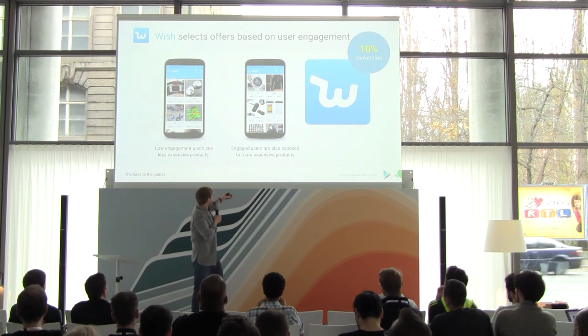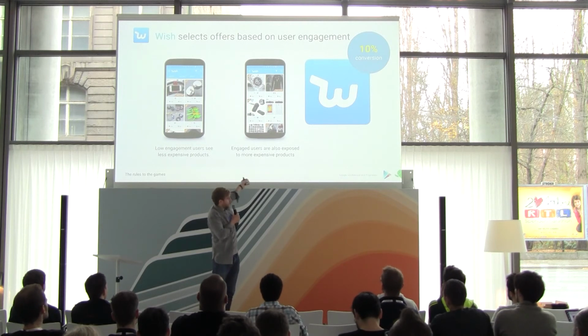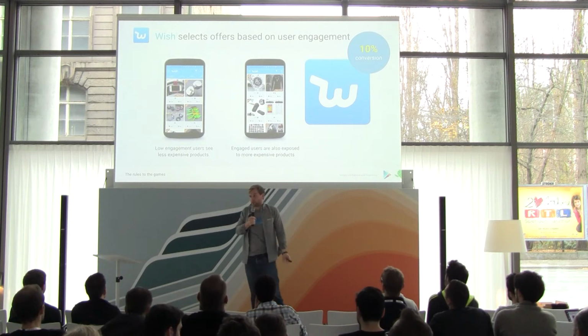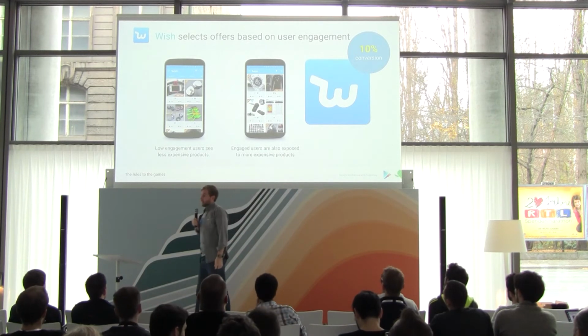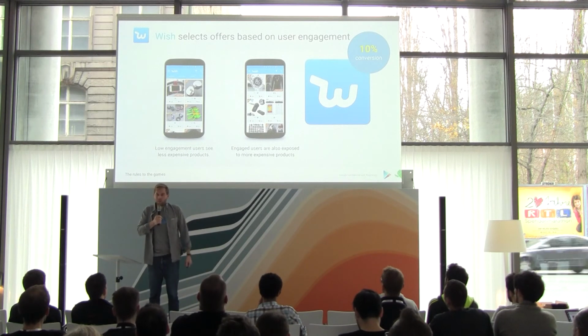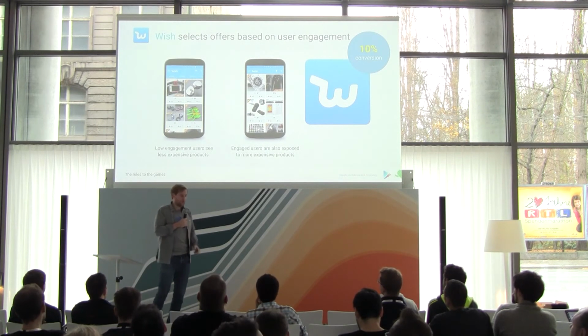Then they have other users that they see are more engaged, and they show them more expensive products. It sounds super, super simple, yet of the hundreds of apps I work with, there are very, very few actually applying this successfully. So there's a lot of room for improvement.